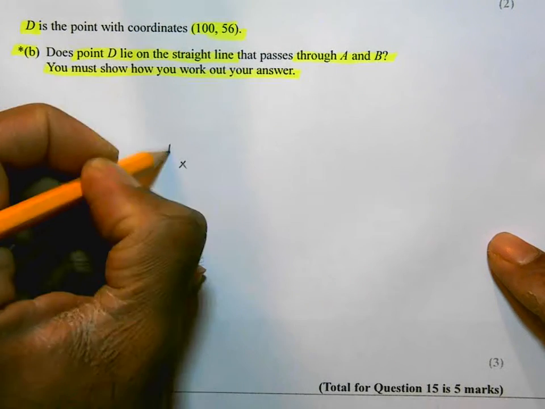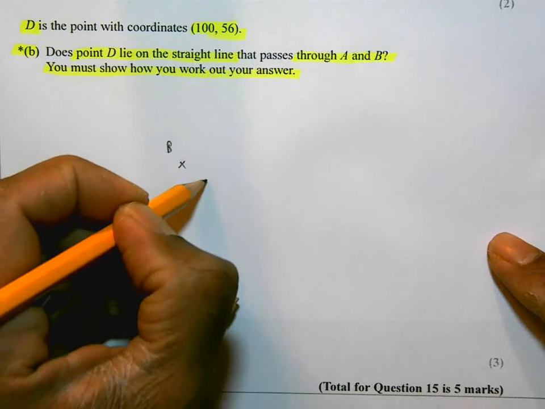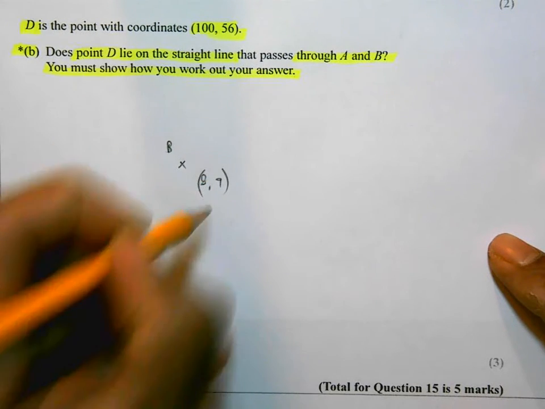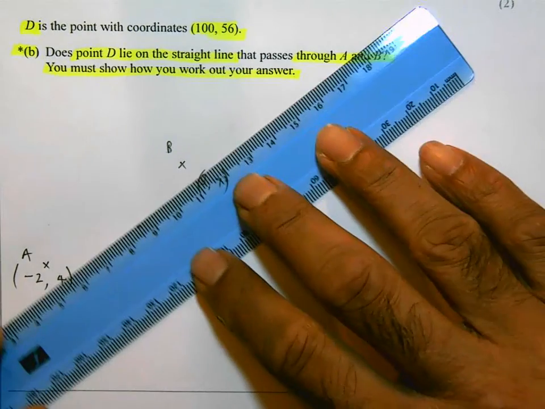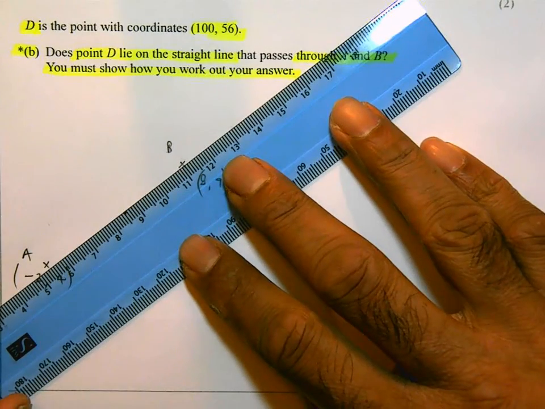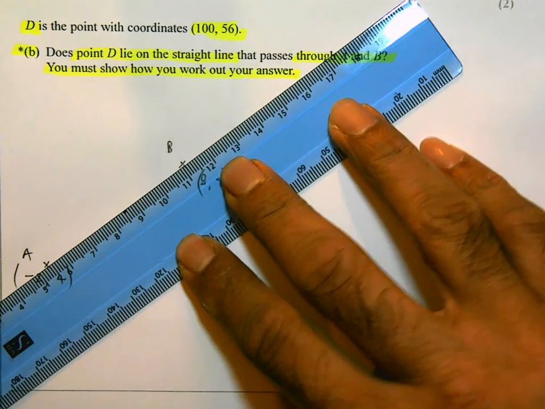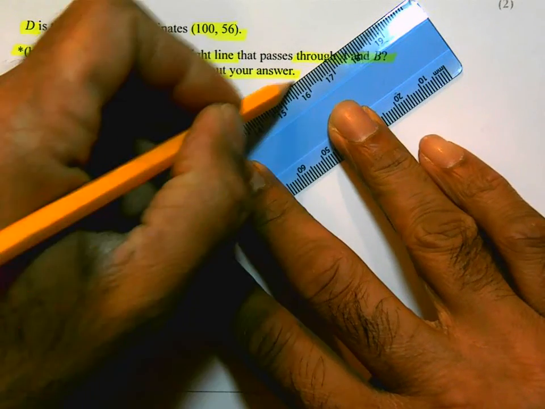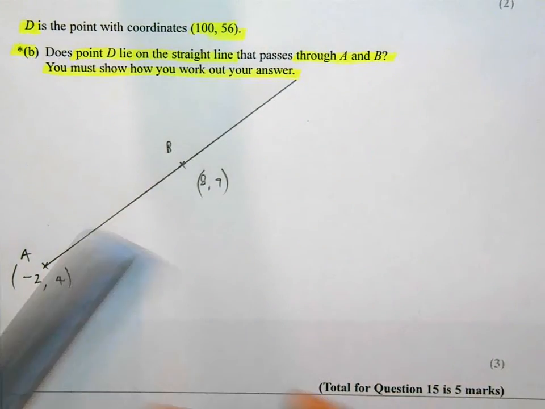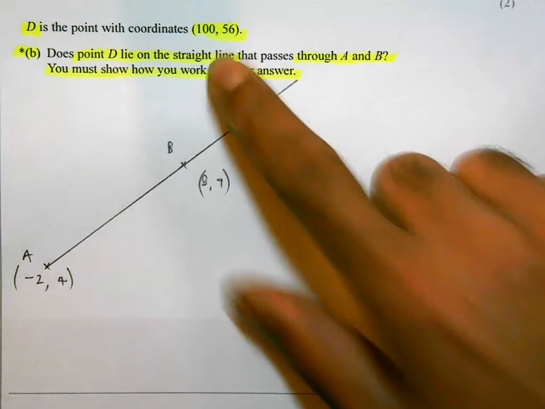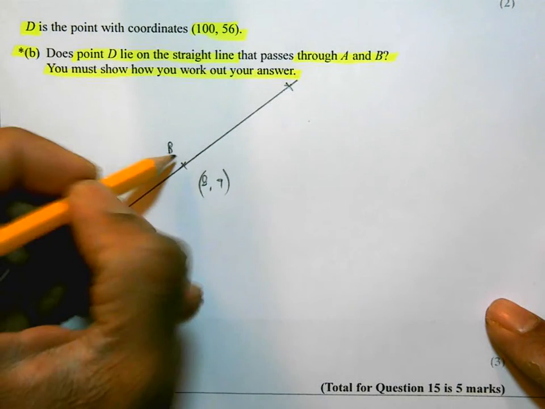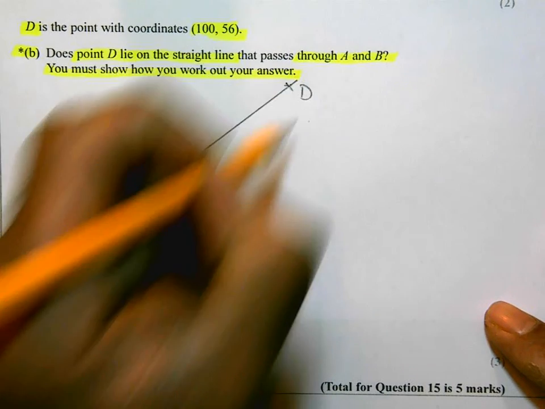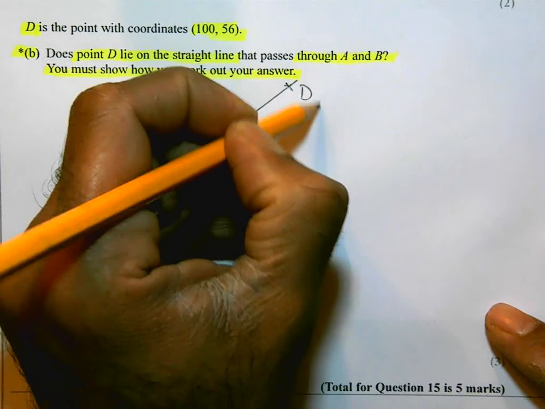And they basically want us to find out whether the point D lies on the line AB. So there's my line AB. If I extend it further out, D is (100, 56), which is going to be way up this end, maybe not as close to B as this, but it's going to be right the way up. So that's (100, 56).